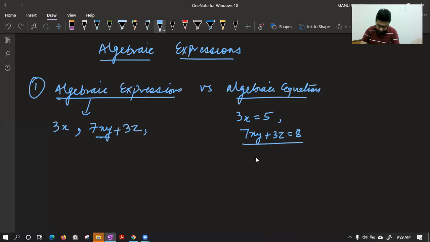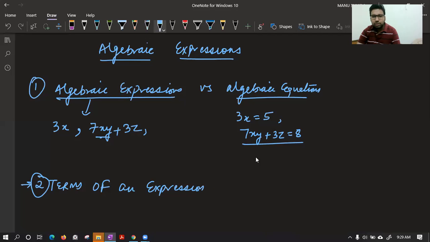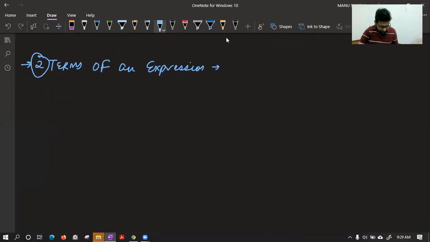Now let us see the next topic. Next topic is terms of an expression. What are the terms of an expression? In this, we will try to see about the terms. Let us start. For example, suppose I have 6x. Tell me, class, how many terms are there in this expression?